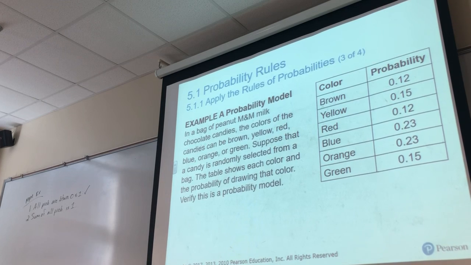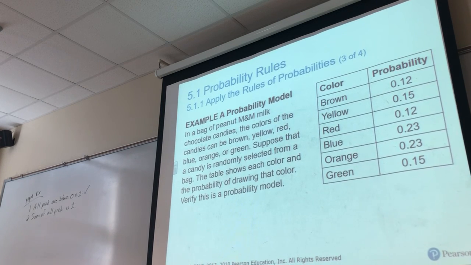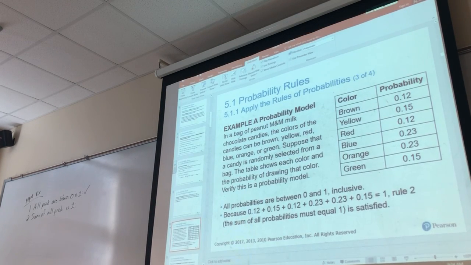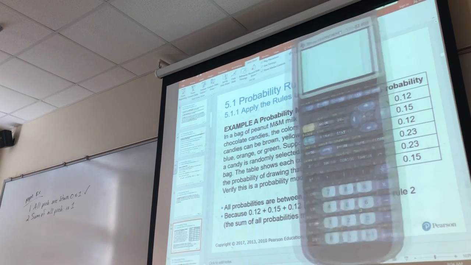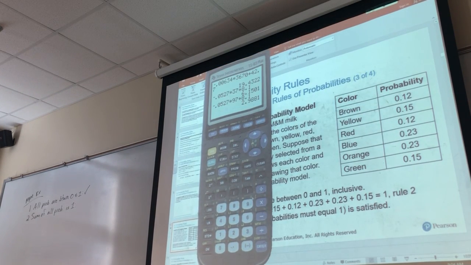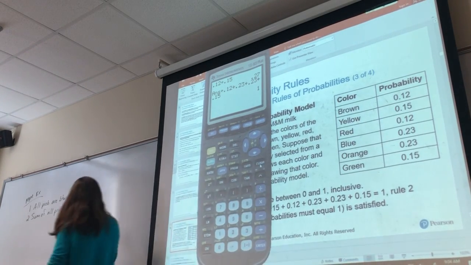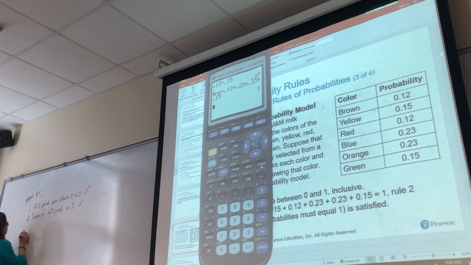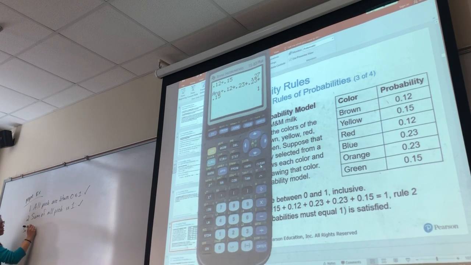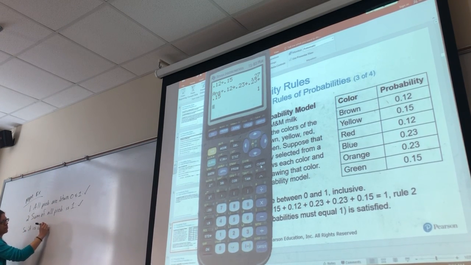These are all simple events, so we can just add them together. In our calculator, we'll just do 0.12, 0.15, and so on. When we add them all up, we get 1, which is great. That's what we want. These are met, so it is a probability model.